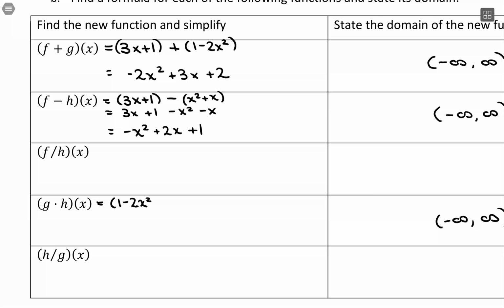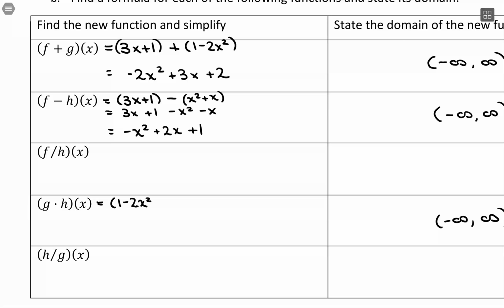So I'm going to have 1 times x squared, 1 times x, negative 2x squared times x squared for negative 2x to the 4th, negative 2x squared times x for negative 2x cubed. So what we have here is a polynomial with degree 4. If you take a look at the graph of that, polynomials also have a domain of all real numbers, so you'd be all set there.